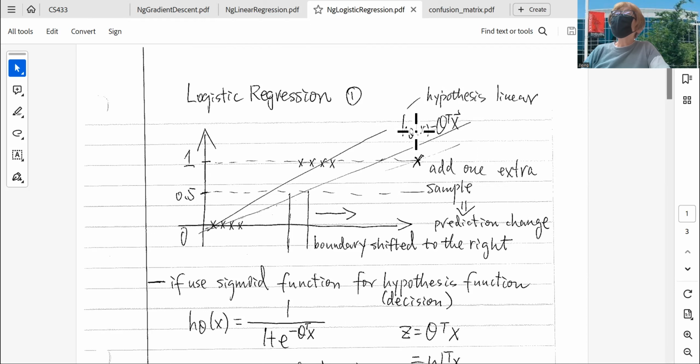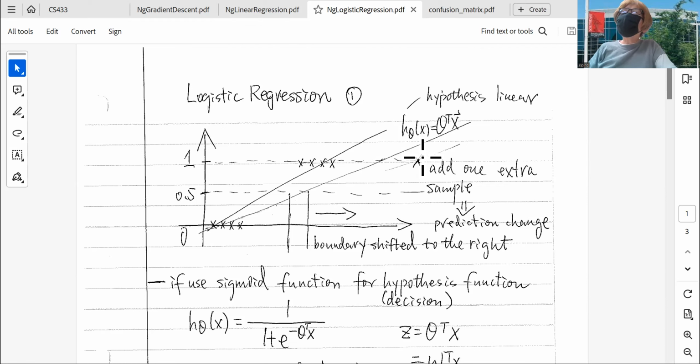The activation function is W times feature. And then it is a straight line to separate different classes.